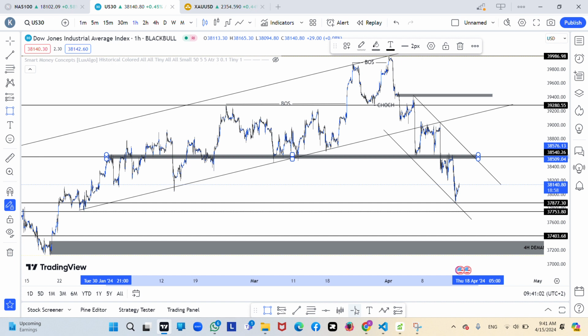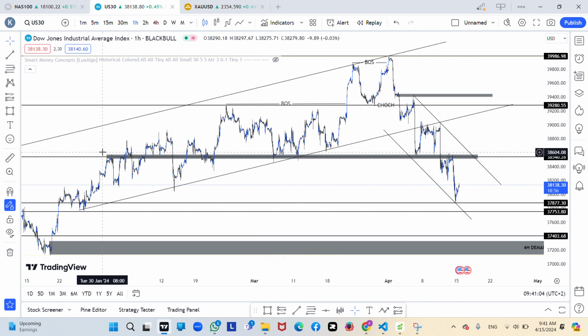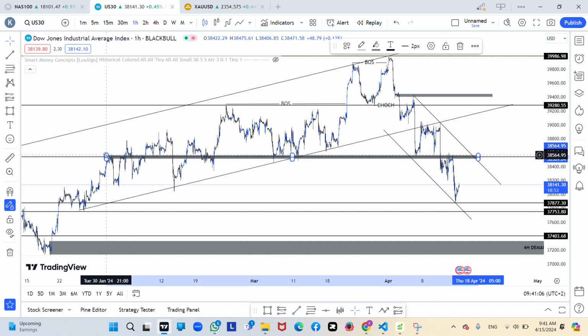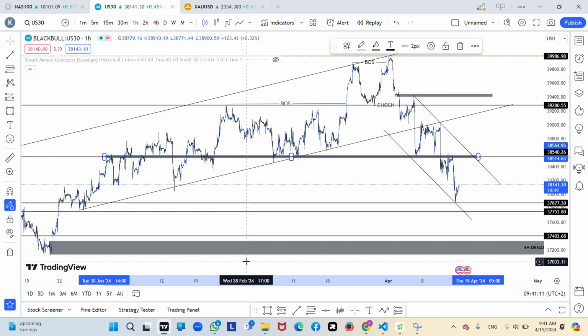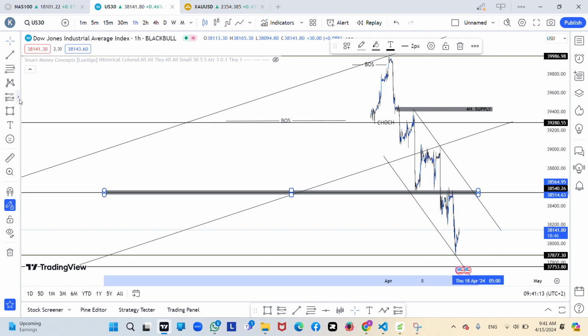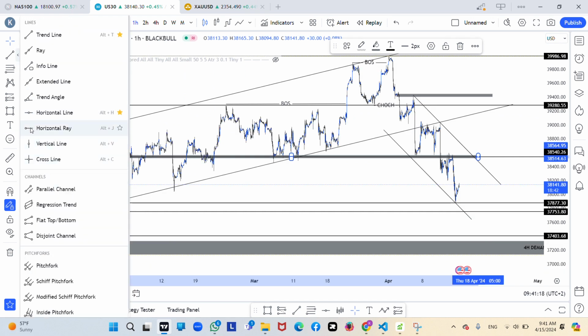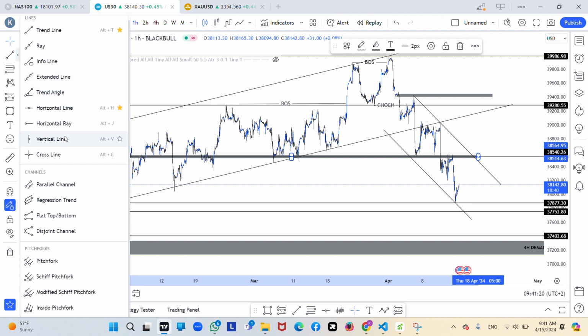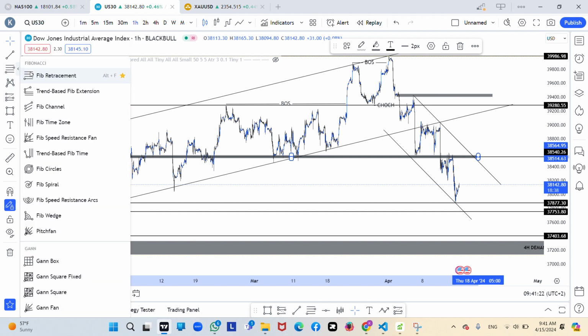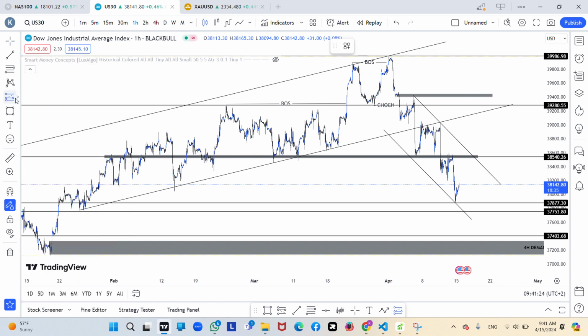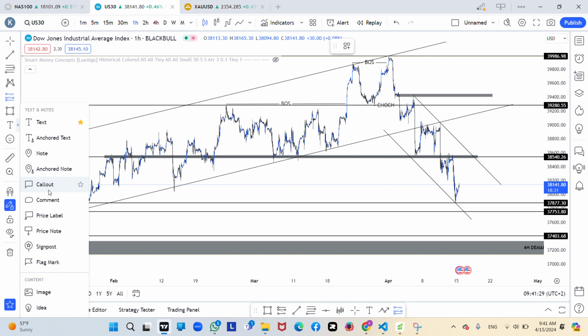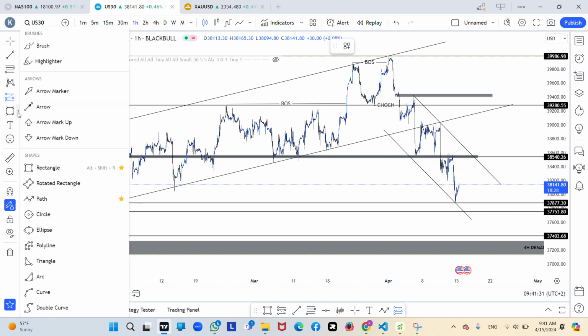That's the zone that we have, a flip zone right there. So it's very important, guys, that after you take a loss, you come back, you analyze, you identify where was your mistake.